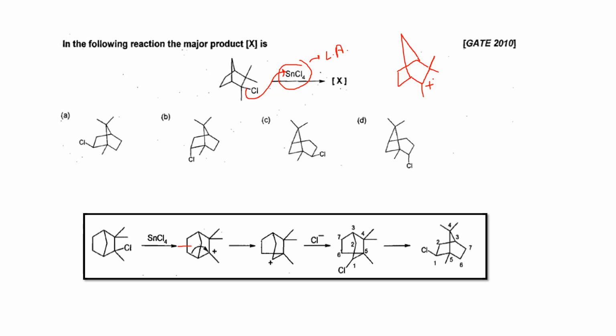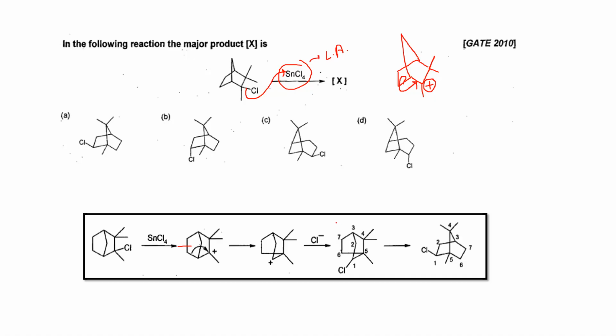This carbocation undergoes a rearrangement, and this comes here, generating a carbocation here.